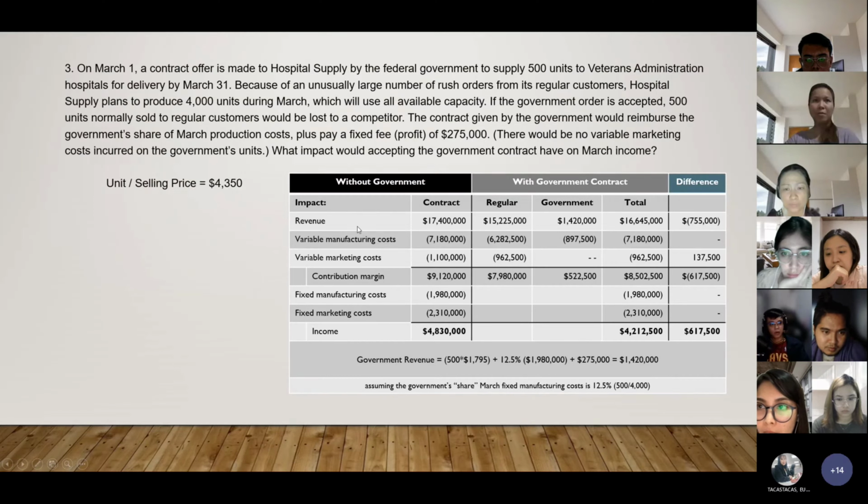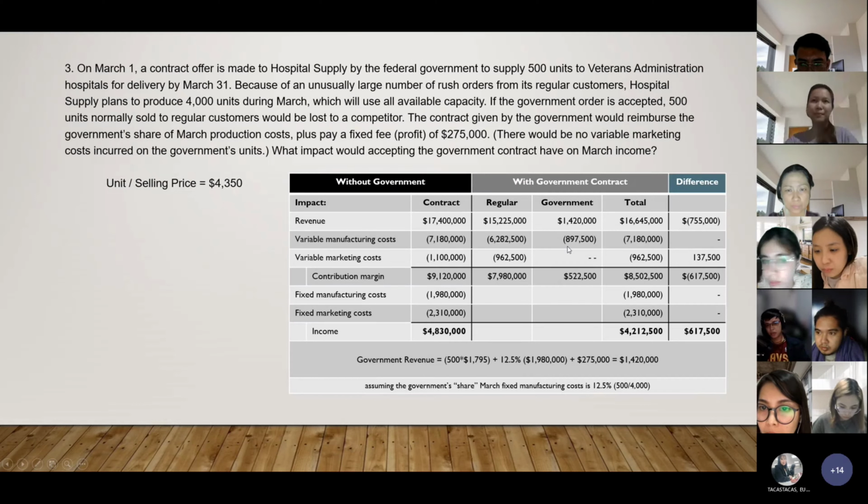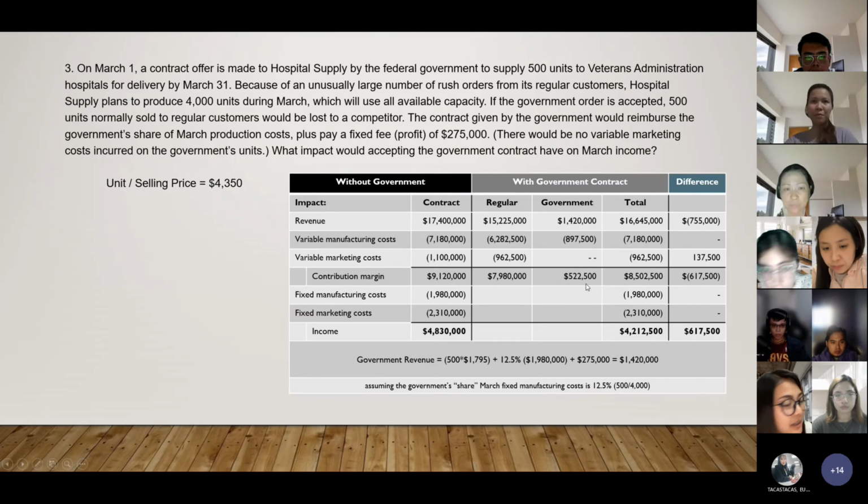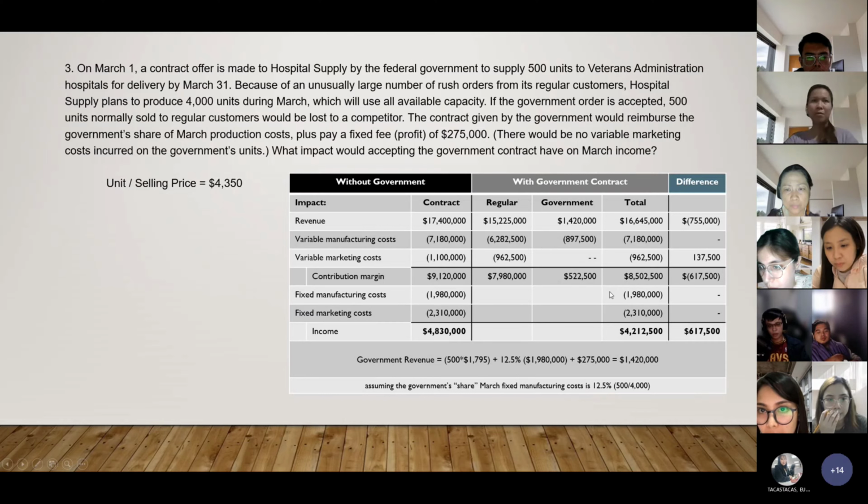Okay, that's gonna be our revenue. And then sa variable manufacturing cost, times 500 lang siya. So we're gonna get $897,500. So pag dineduct natin, we're gonna have $522,500 po. So add natin siya minus the fixed cost.